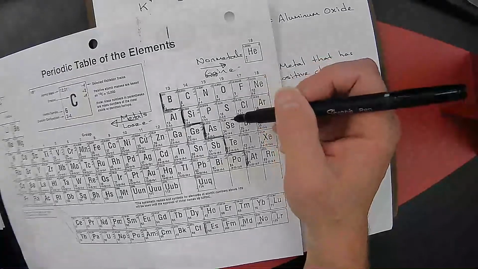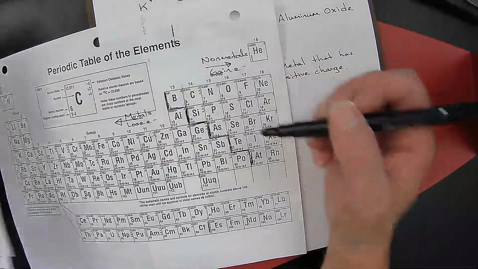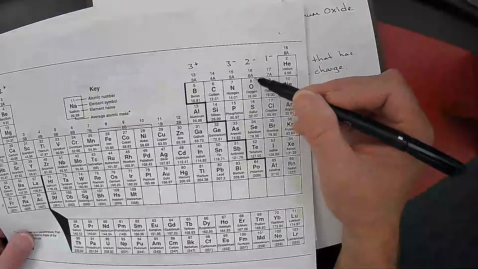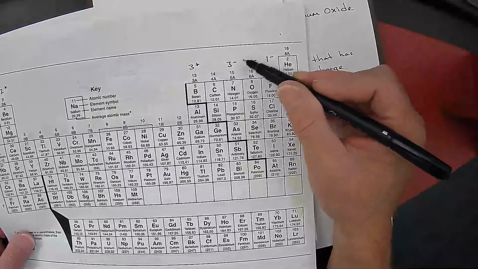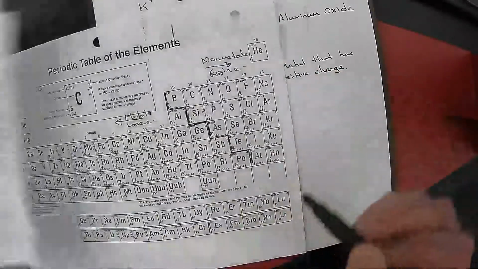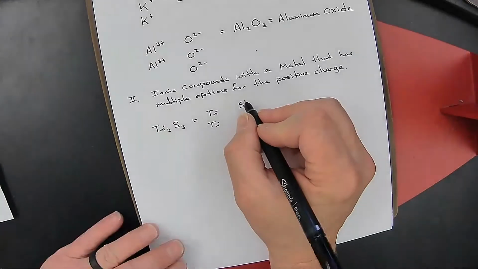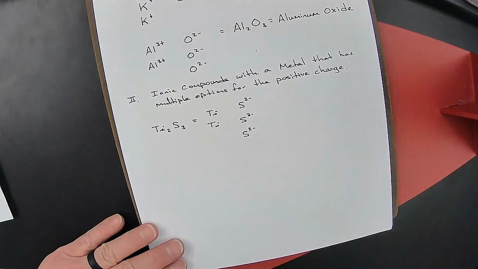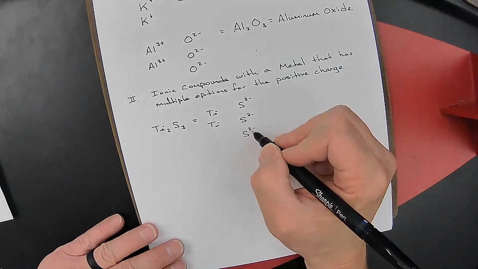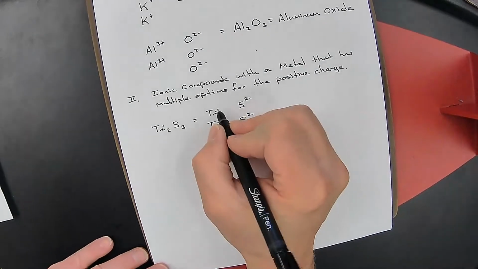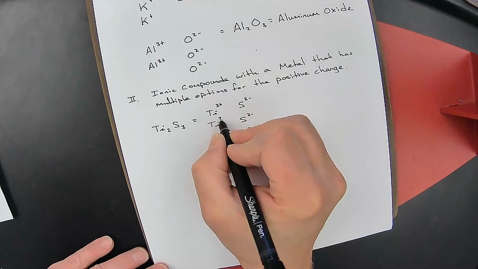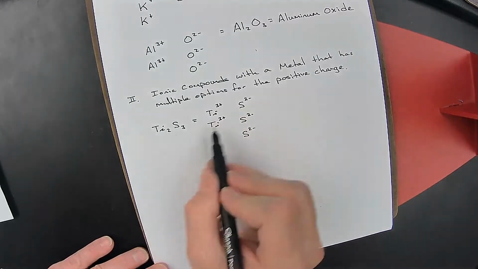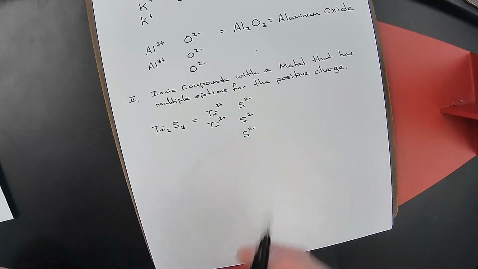But I do know what the charge is on S. S is in column 6A, so it has 6 valence electrons, so it's got to be a 2 minus. So S being a 2 minus, three times. If these add up to a 6 minus, then each one of these must be a 3 plus, because they told us there were 2 Tis and 3 S's.